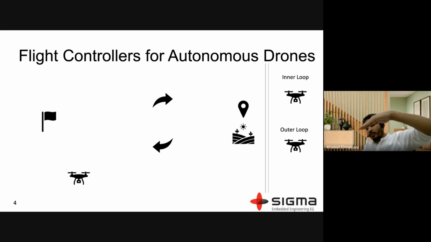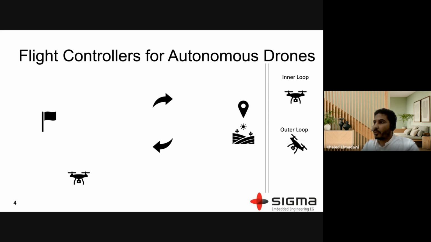If the drone wants to move forward, then the angle set to the inner control loops changes, and by that it defines how the drone behaves.